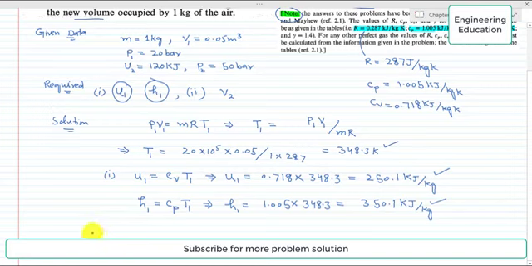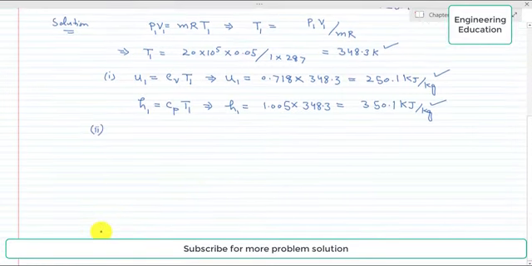Second, for finding the value of V2, we will need some other values, that is the value of T2. To find T2, we will use again Joule's law, that is U2 is equal to Cv T2.